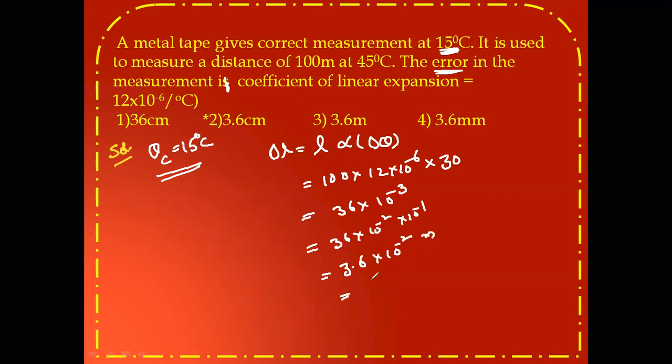So this I can take as 3.6 centimeter. So 3.6 centimeter is the error. So option second one is correct. Only the error they ask. So you can go like this.